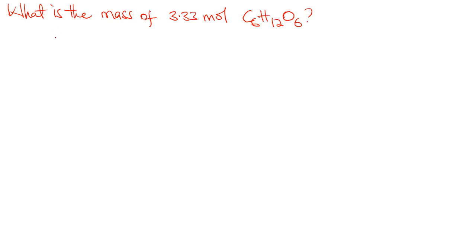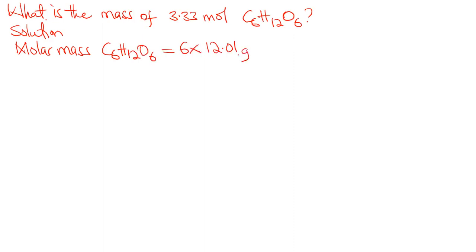Now also the first thing is you need to find the molar mass. So the molar mass of C6H12O6 is 6 times the mass of carbon, which is 12.01 gram, plus 12 times the mass of hydrogen, which is 1.008 gram, plus 6 times the mass of oxygen, which is 16.00 gram.